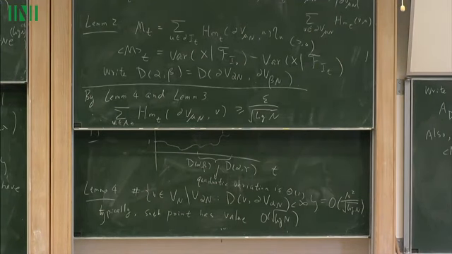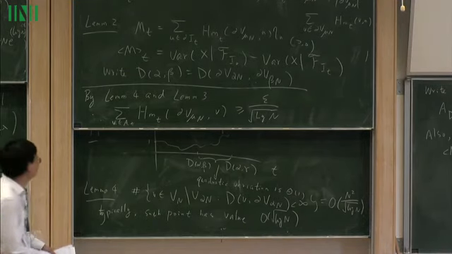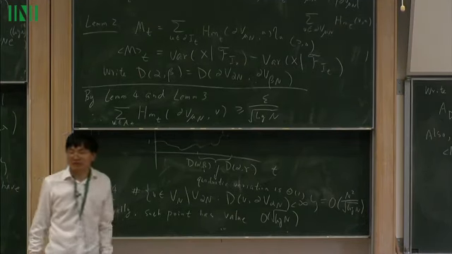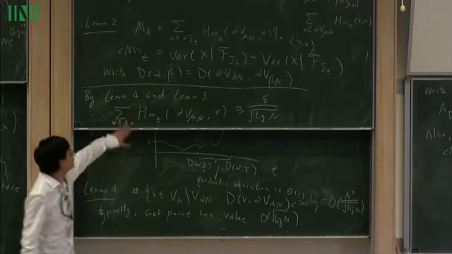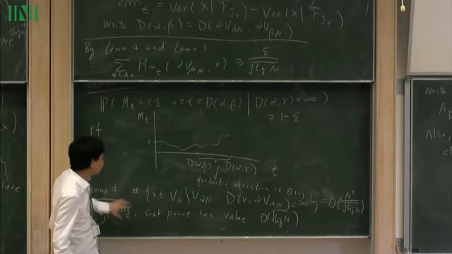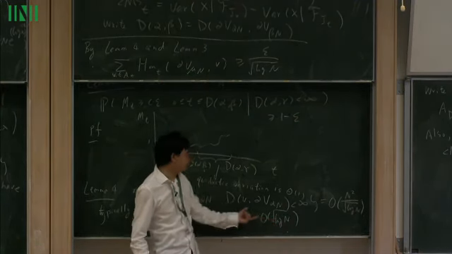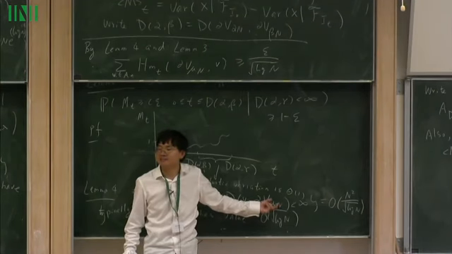You need at least that much harmonic measure to get this contribution of harmonic average. So this is the bound that comes from lemma 3 and lemma 4. Actually, just part of lemma 4, assuming the values are all at most root log n. I still didn't use the number of vertices yet in lemma 4.